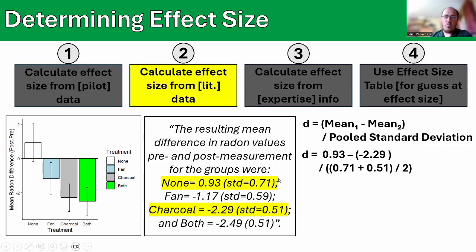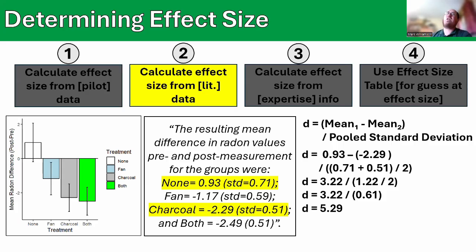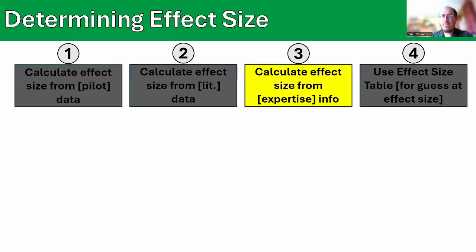I have to do a little bit more with the standard deviation because I essentially need to pool those together and divide by 2, which will give me a Cohen's d of 5.29, which is a huge, huge, huge effect size. Not surprising, given you see here the non-treatment, the radon went up, whereas the charcoal, it went way down. So it's really easy to tell that those two groups are different. It will not take a lot of samples to detect that.